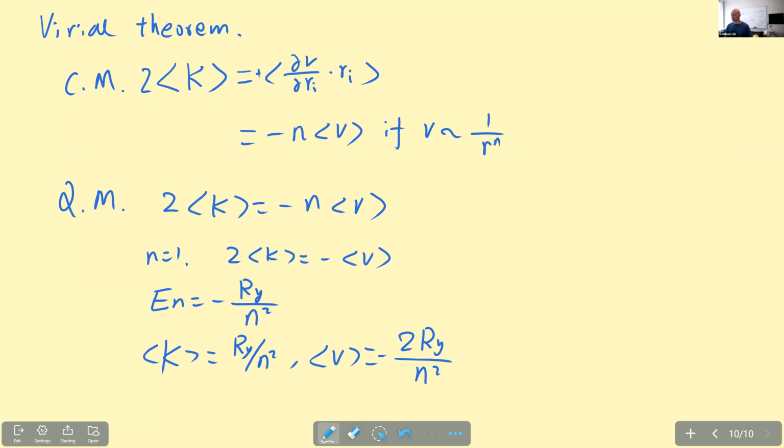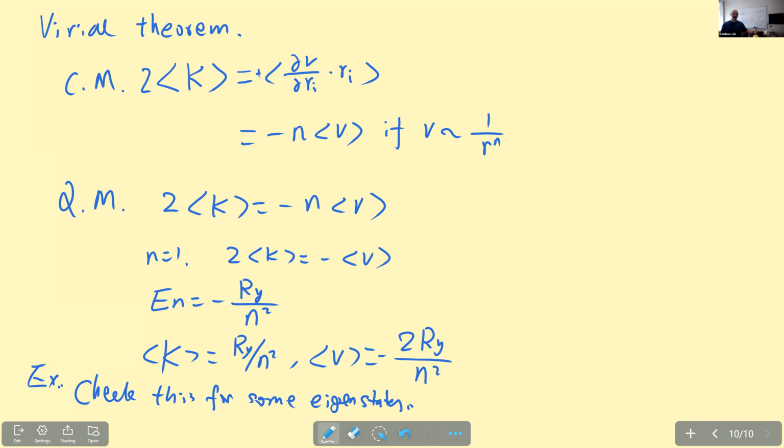You can check this one for some eigenstates. Okay, that's an exercise.